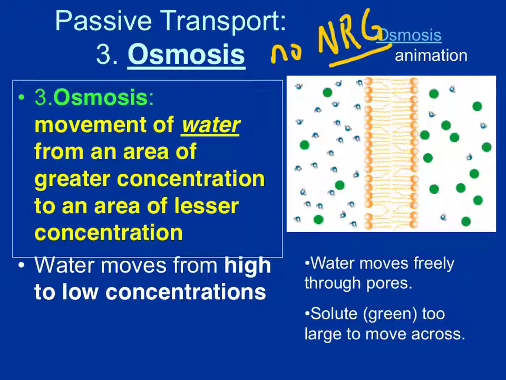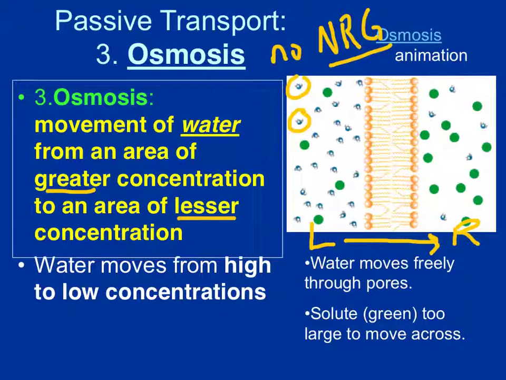So again, they're going to move from where they're in greater concentration to where they are in lesser concentration. Water molecules also move from high to low concentrations. So in this picture, these little blue molecules are actually water molecules. And in this picture, if they follow the rules for passive transport, they should move in a net direction from the left to the right.